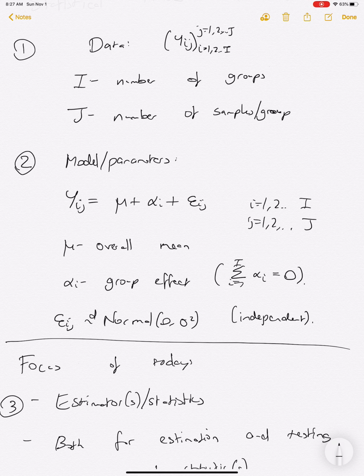You might imagine that some percentage of people across the whole country are going to vote Democrat or Republican, and that corresponds to the overall mean. But within each state, say Wisconsin or California or South Carolina, there's going to be a group effect, a state effect. That percentage is going to change, and that's going to be modeled by this alpha_i, and then you have some independent noise associated with that.